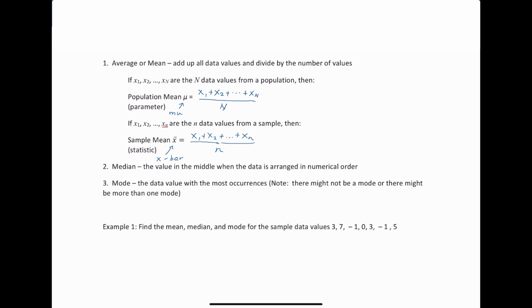And you'll see as we go on that we typically use Greek letters for parameters and regular English letters for statistics. Maybe it's worth making a quick note of that just to help you remember this.